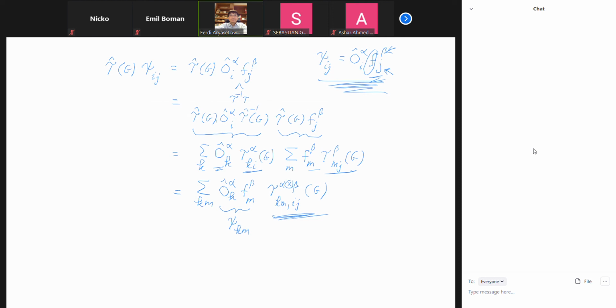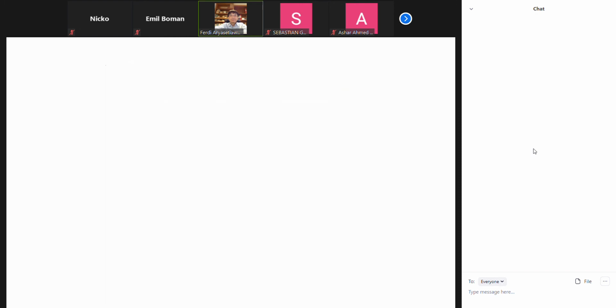So we can expand these product functions into their irreducible components. We can write psi j in terms of its irreducible component, call it chi gamma prime, and the Clebsch-Gordan coefficient.